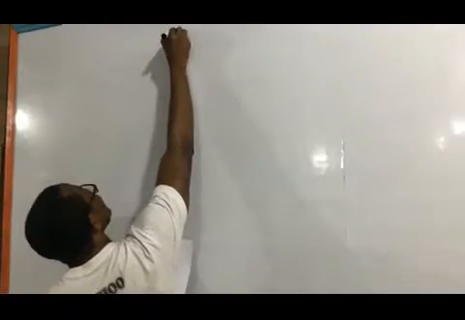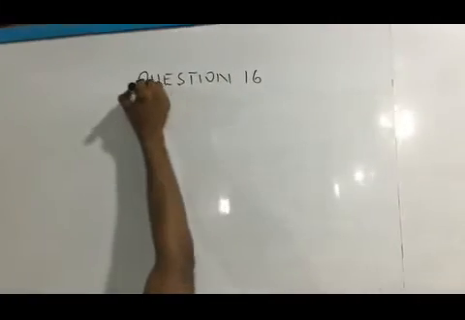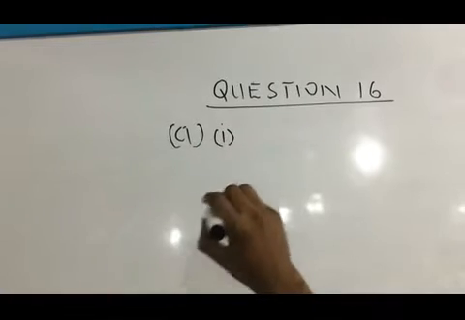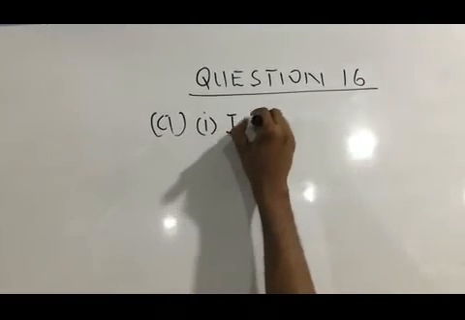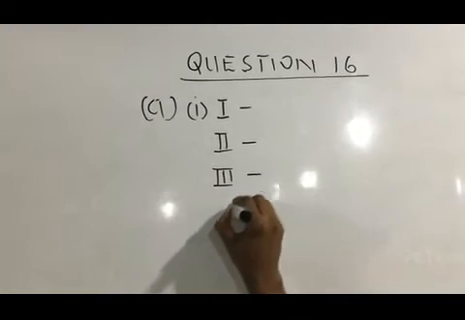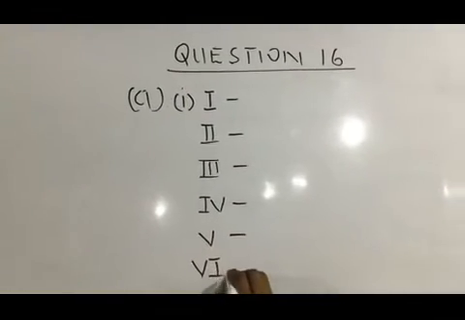Question A(i) says you should name the parts labeled I to VI, and (ii) says you should give 1 function each of the parts labeled I, III and IV.